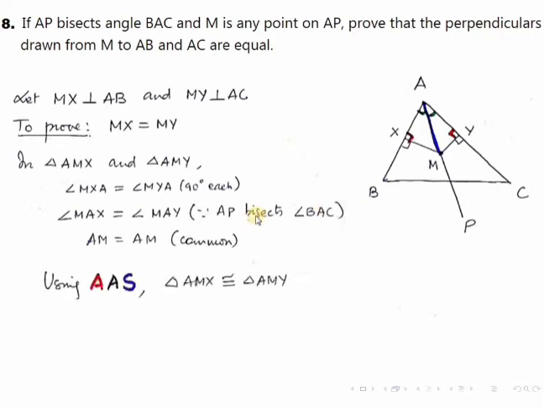So by using AAS, we can say that these two triangles are congruent. So now using CPCT, you can see that this side and this side are also equal. That is, MX equals MY, and that's what we wanted to show. All right, so pause the video and note down your solution.